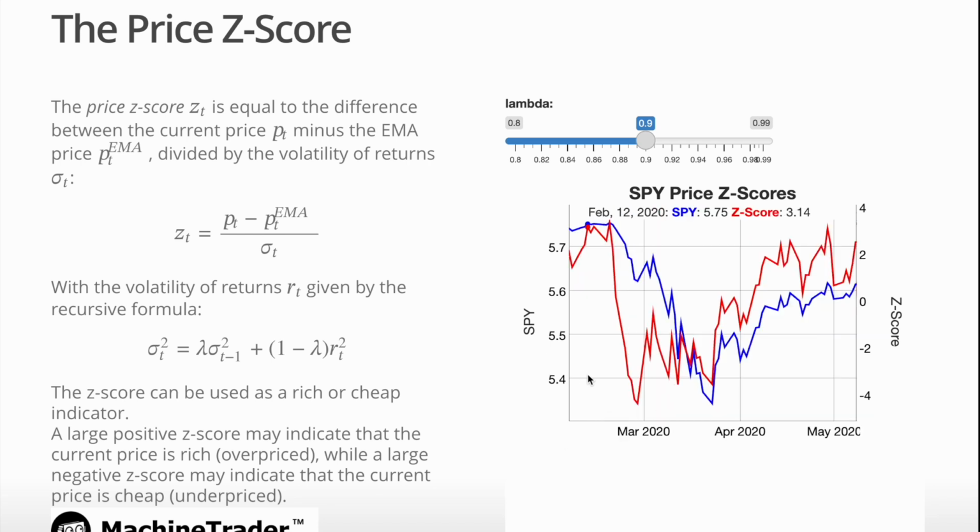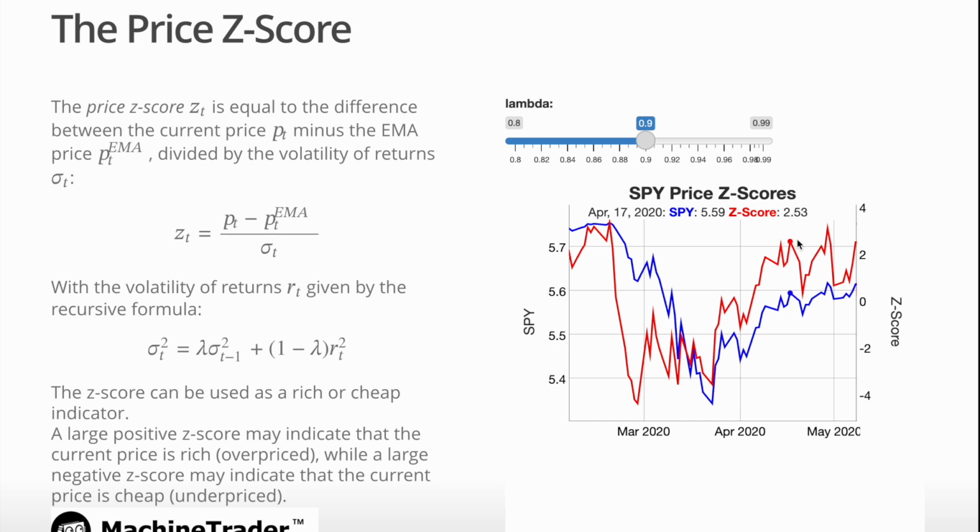the plot, we can see that the z-score tends to oscillate between negative and positive values. And it has negative values when the price drops locally. So when the prices are dropping, the price z-score tends to be negative.